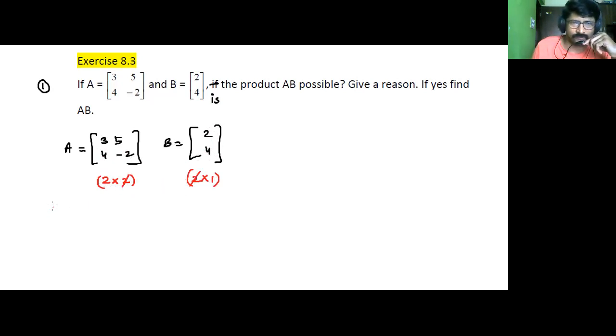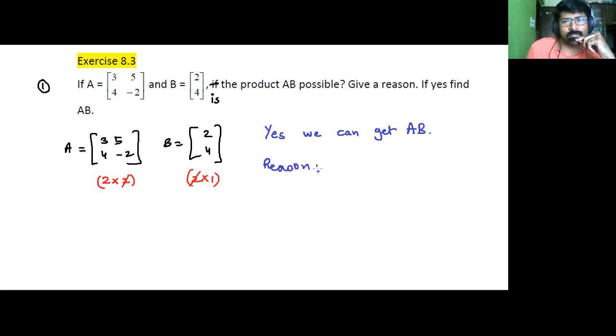So we can write over here, yes, I'm writing it in blue ink. Yes, we can get AB, or we can multiply this matrix AB. And what is the reason for it? Reason, you can write it down simply this way. This is rows and columns.